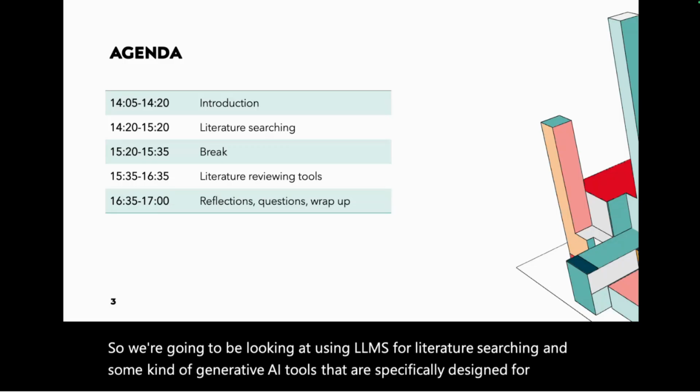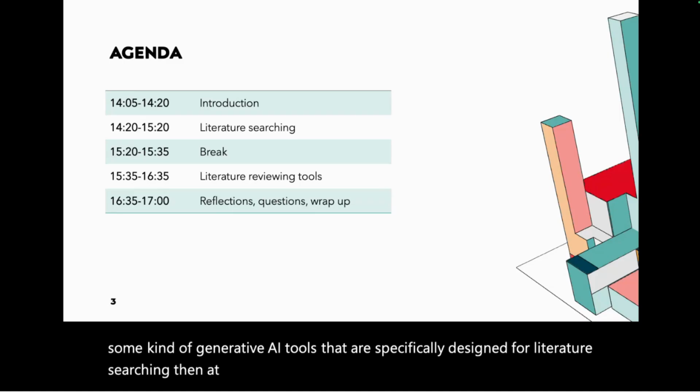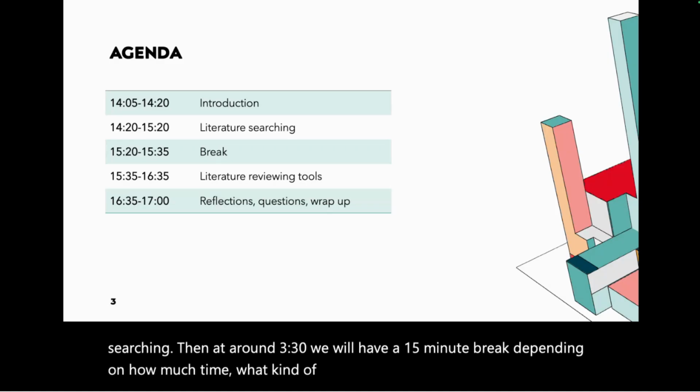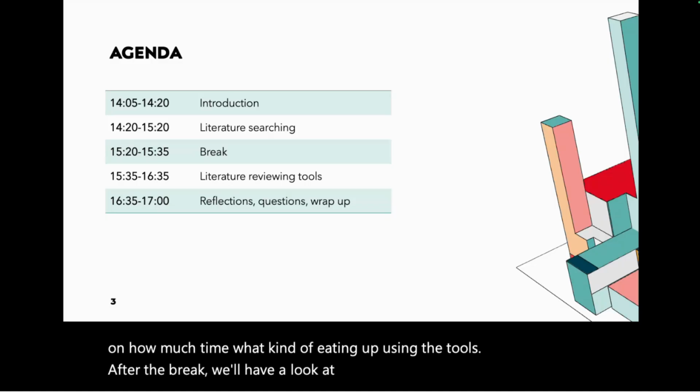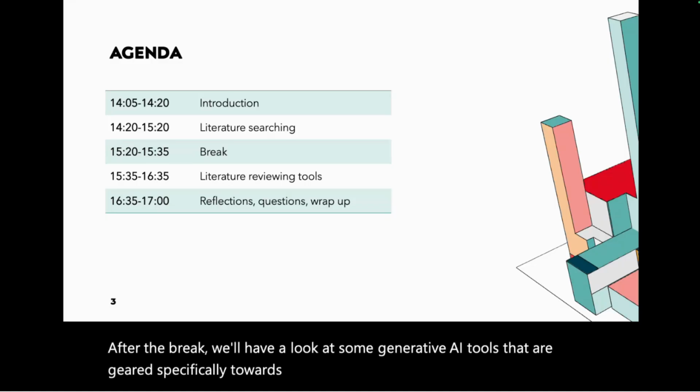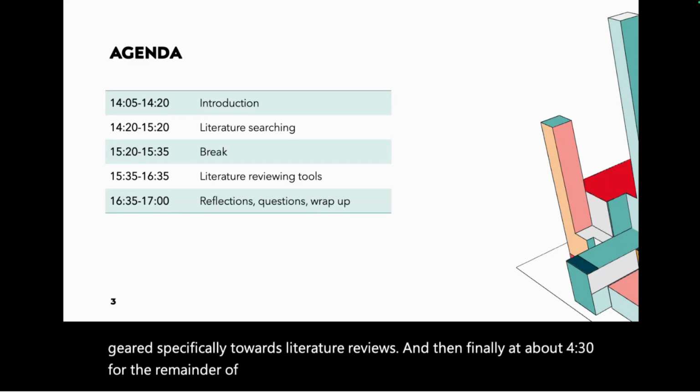Then at around 3:30, we will have a 15-minute break, depending on how much time we're using up with the tools. After the break, we'll have a look at some generative AI tools geared specifically towards literature reviews. Finally, at about 4:30 for the remainder of the session, we'll have a chance for you to ask some questions, have some reflection, and then wrap up the session.